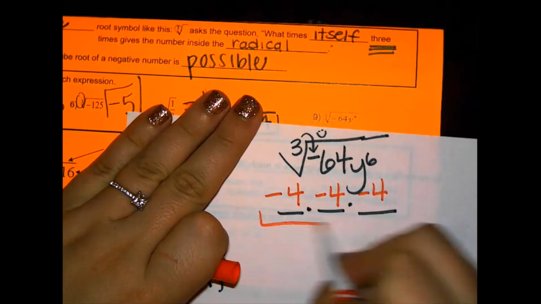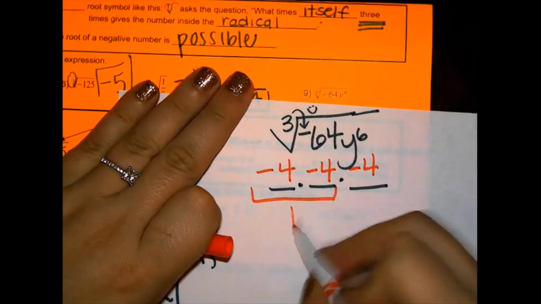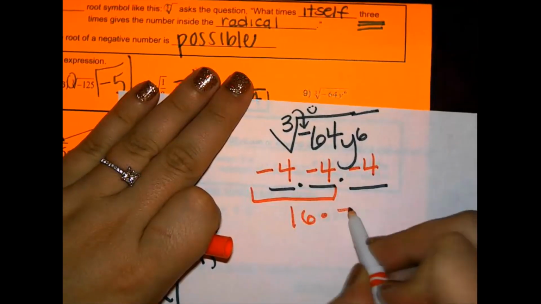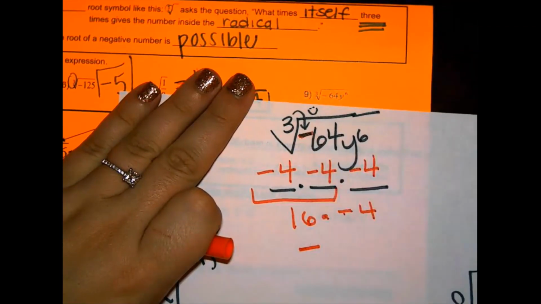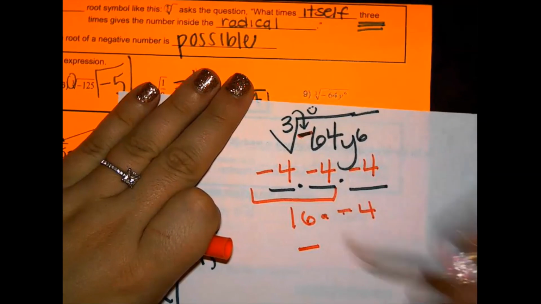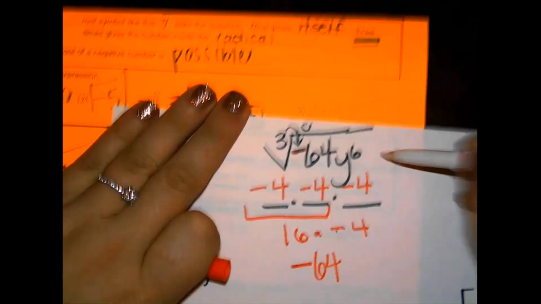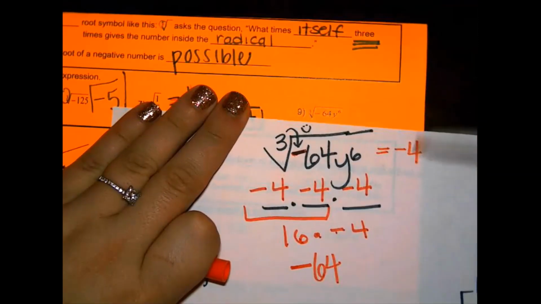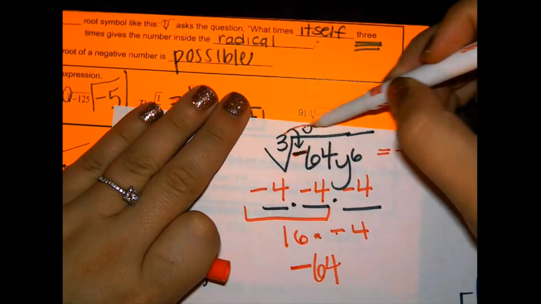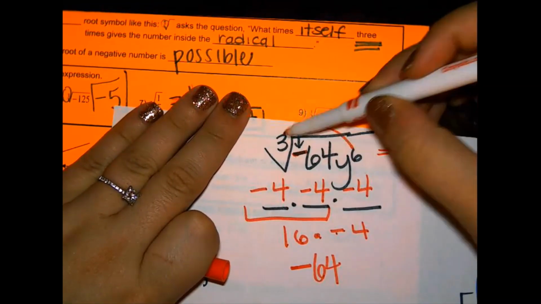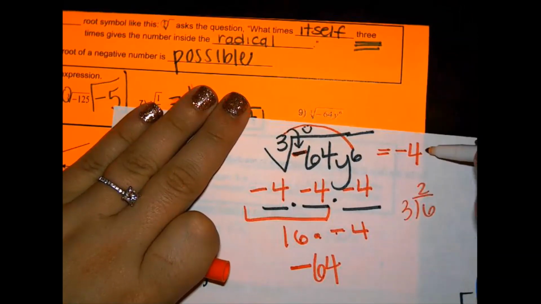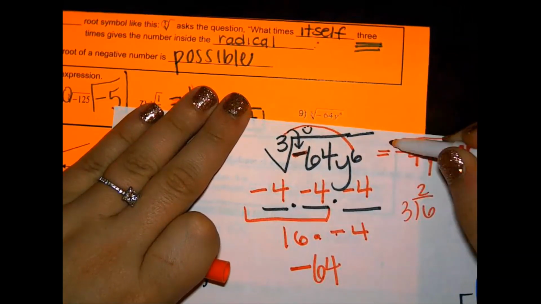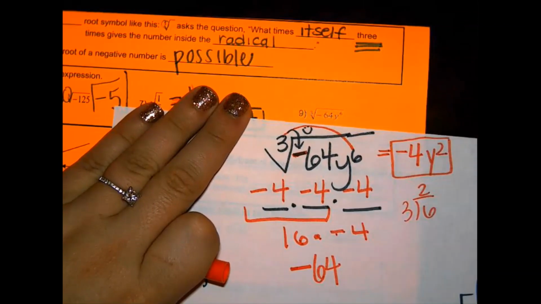Negative 4 times negative 4 is 16, and then a positive times a negative is a negative. That's why it's allowed. 16 times negative 4 is negative 64. So I would know it's negative 4. And then if I use the strategy to divide, 3 goes into 6 2 times, and that would be our answer there.